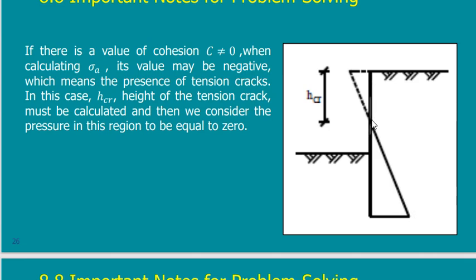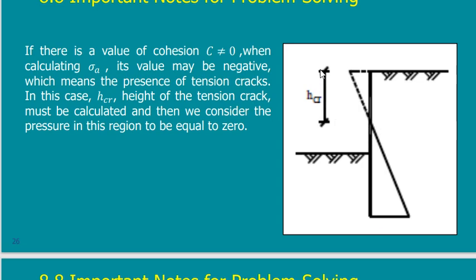How can I calculate this depth? You have many approaches to calculate this depth. You just apply the equation at this point, apply the equation at this point, you will get this value and this value, draw this line, and use any mathematical way or graphical way to calculate this depth.